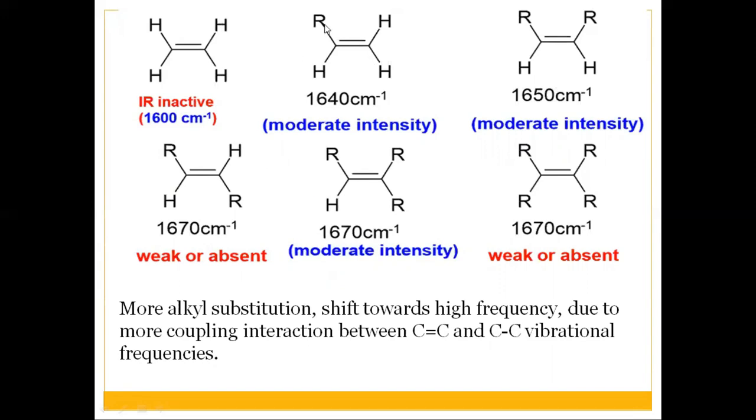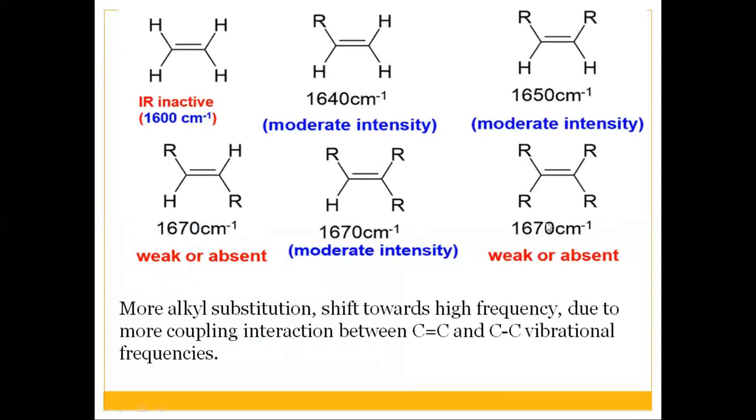But if one of the substituents is alkyl, then a moderately intense peak will be seen at 1640 per centimeter. If two alkyl groups are substituted in the cis isomer, then again a moderate intensity peak will be seen at 1650. But if it is a trans conformation, then it will be weak or absent, that is at 1670 per centimeter.